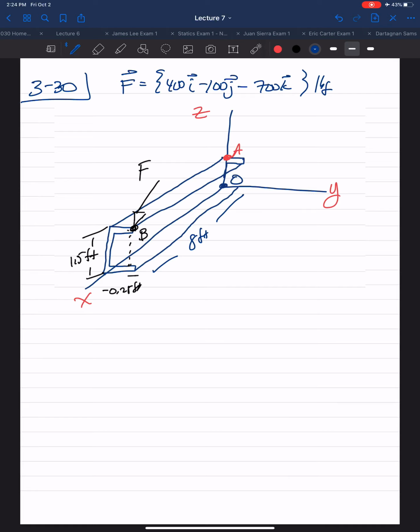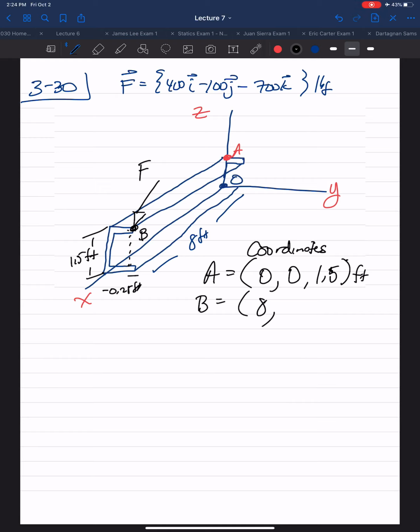So the coordinates then of A equals, in the x direction 0, in the y direction 0, and in the z direction 1.5. The coordinates of B, once again, in the x direction 8, y direction 0.25, and in the z direction 1.5.